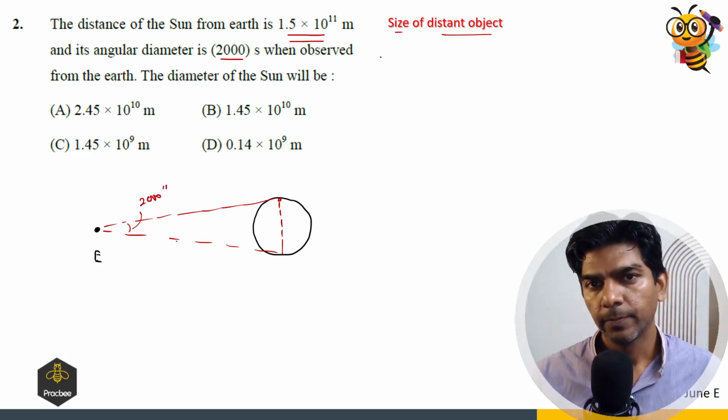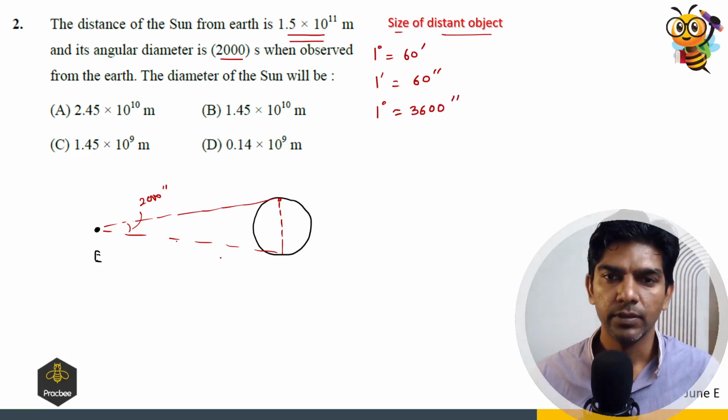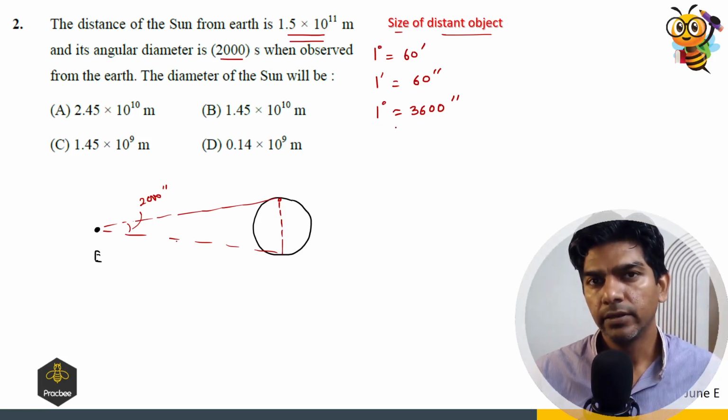So what you have to remember, 1 degree is equivalent to 60 arc minute, and 1 arc minute is equivalent to 60 arc seconds. So 1 degree is equivalent to 3600 arc seconds, right? And we know that pi radian is equivalent to 180 degrees.